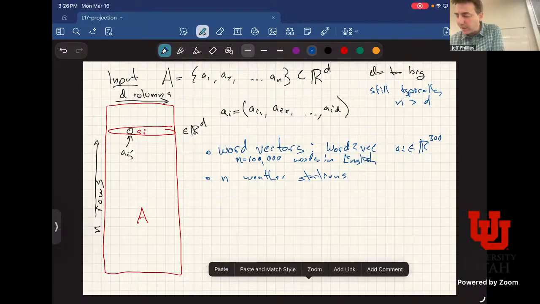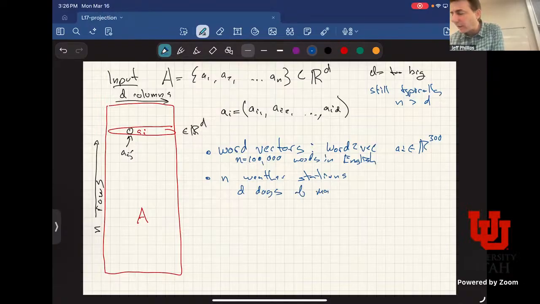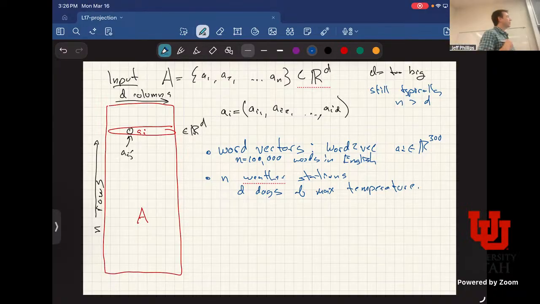So let's say I have now D days of the max temperature. Okay, so I have 40,000 weather stations, right?